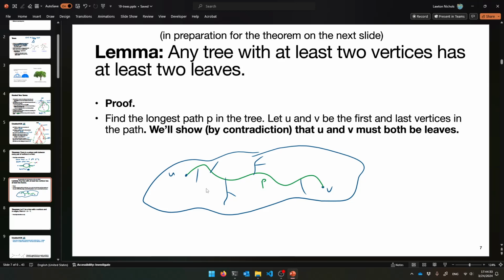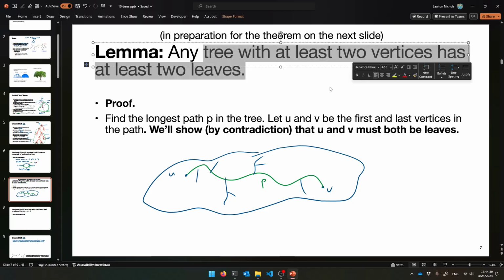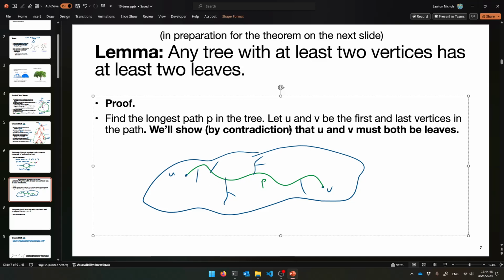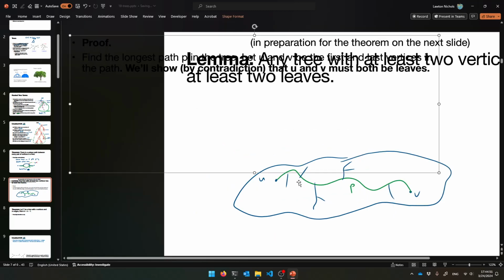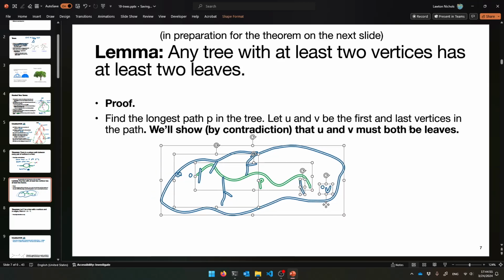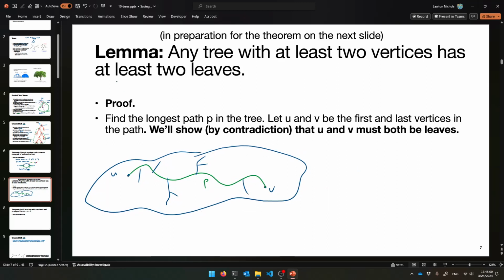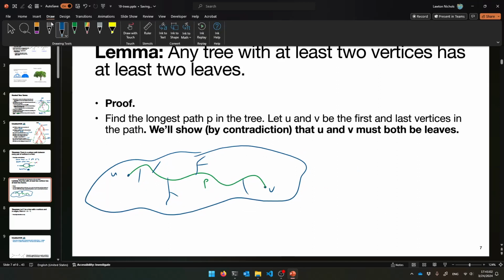We're going to show by contradiction that, regardless of the size of this tree, there are at least 2 separate leaves. We're going to show by contradiction that U and V must both be leaves if this was the longest path in the tree. Let me make some room for myself.